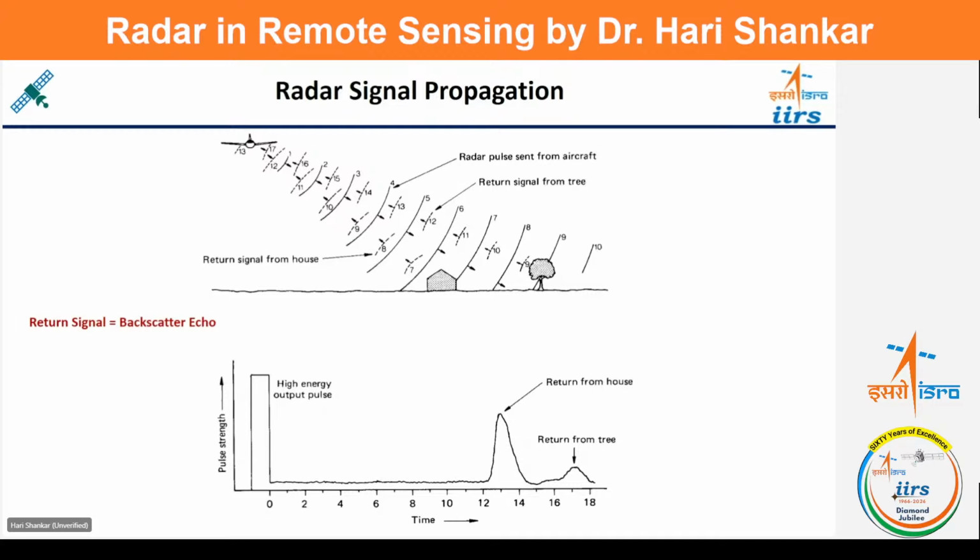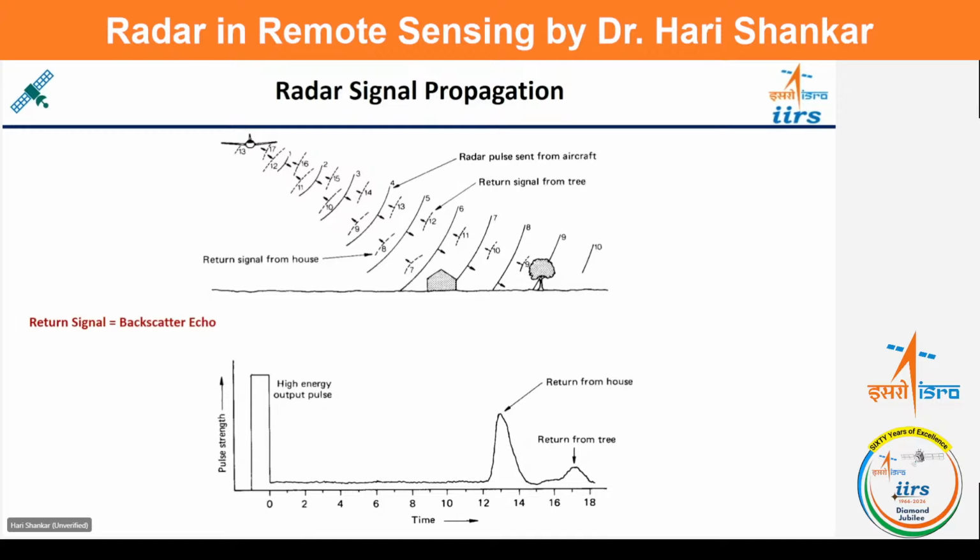So here you can see this is a building. Building means some man-made structures. So man-made structures are basically fixed, or you can say strong, very strong. If some signal is coming, then these strong structures can reflect the energy very strongly towards the satellite.